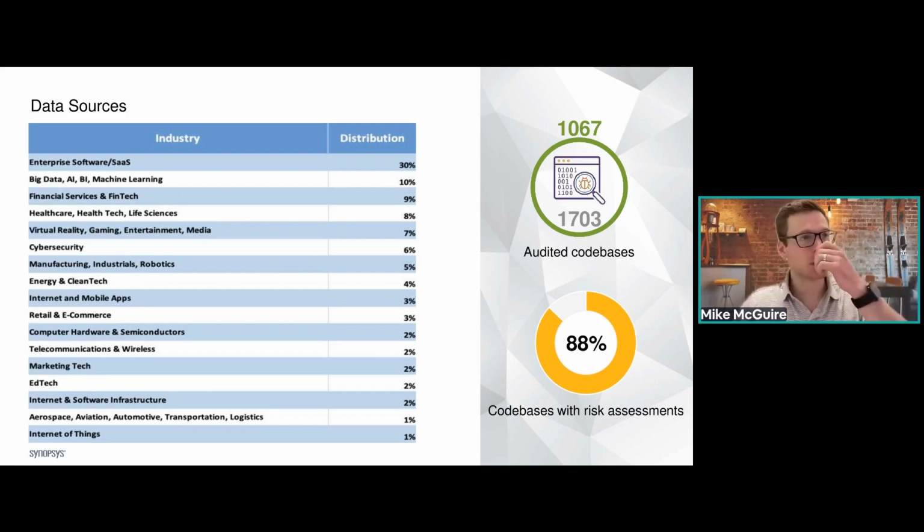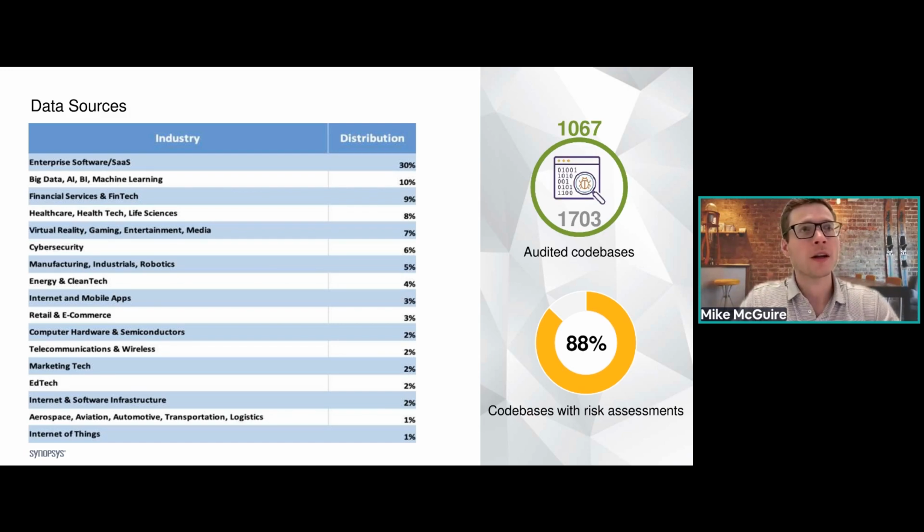So that top category up there for industries, that's going to be referencing all of those, which is why that number is so high. But we do have a statistically significant representation of all the industries that we provided audits for.